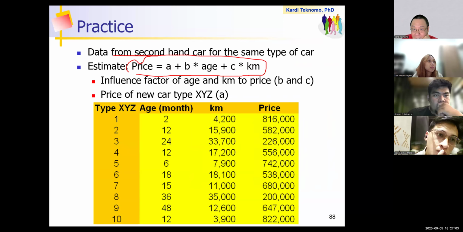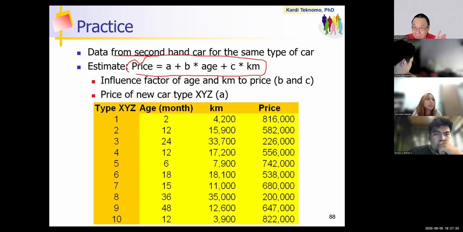Then price equals A. What is your A a while ago? 900,000. What is the meaning of age 0 and kilometer 0? New car, isn't it? So that means A is the price of a new car.